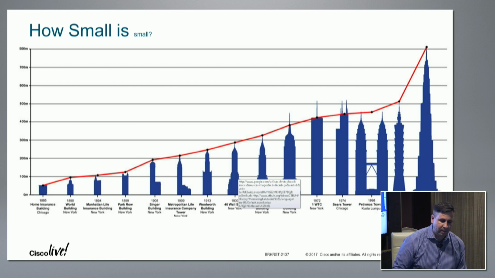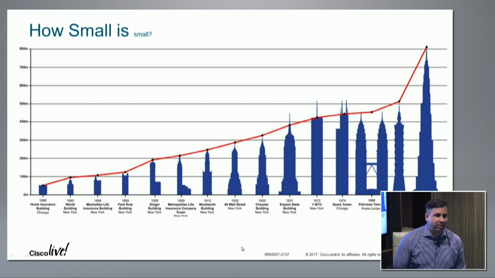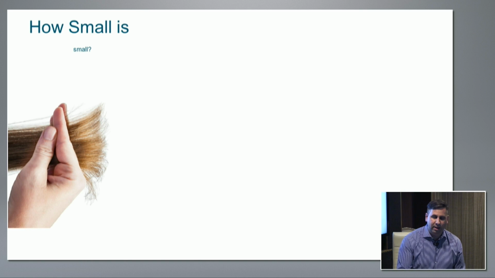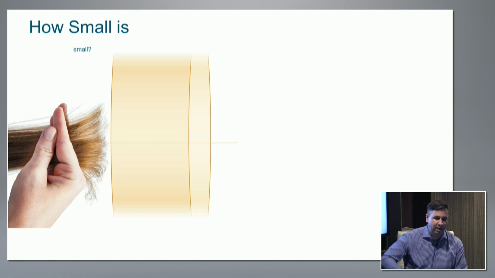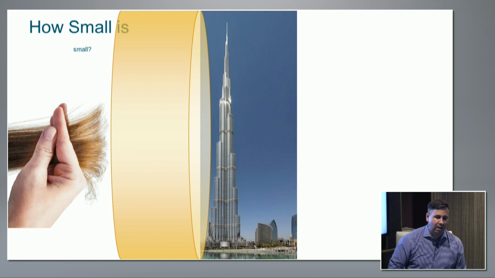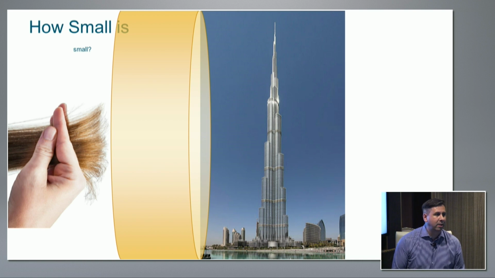So my variation of the how-small-is-small analogy is this: we take the tallest building in the world, currently the Burj Dubai, which is nearly twice the height of the Empire State Building. Take a strand of human hair and expand it so that a human hair is equivalent to the height of this tallest building in the world. What kind of scales are we talking about?